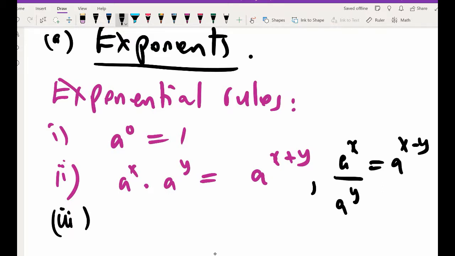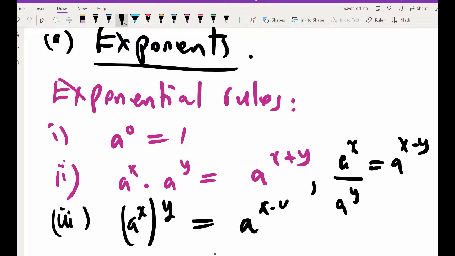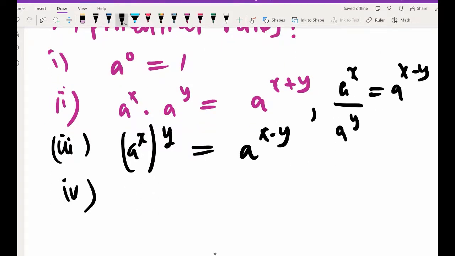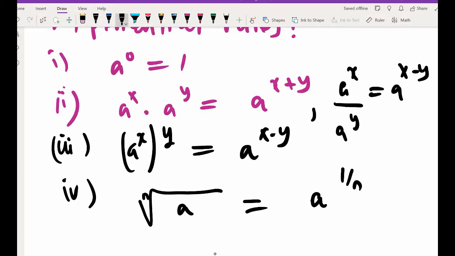Another one is when you have (a^x)^y, this is a^(xy). And the fourth one, if you have nth root of a, this is a^(1/n). So we have a transformation between radicals and exponents, and that's how we represent radicals in the form of exponents.